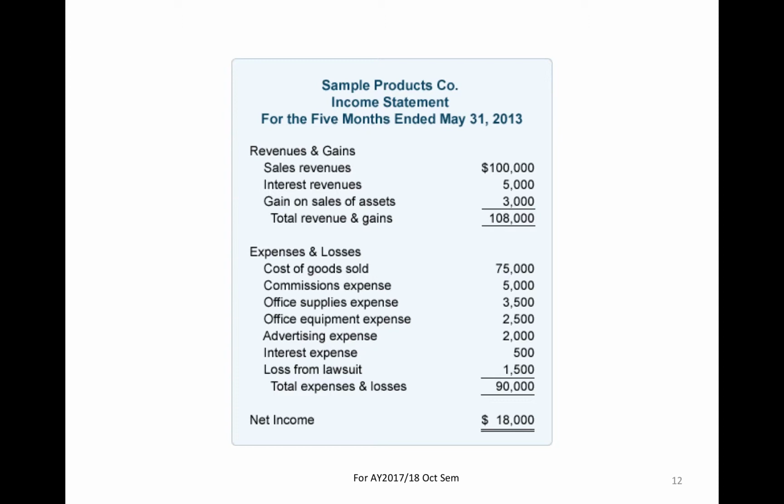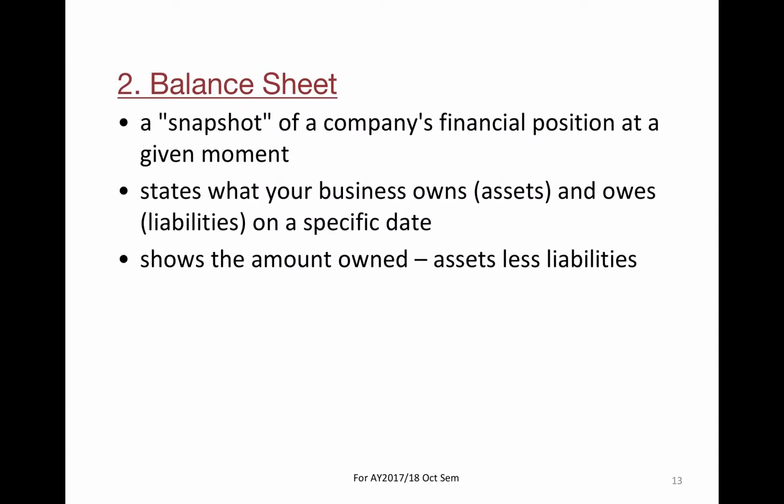All that adds up as your expenses and losses. So $108,000 minus the $90,000 of expenses means you have a net income of $18,000. So this is basically an example.